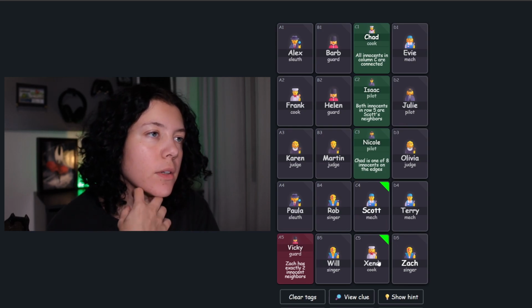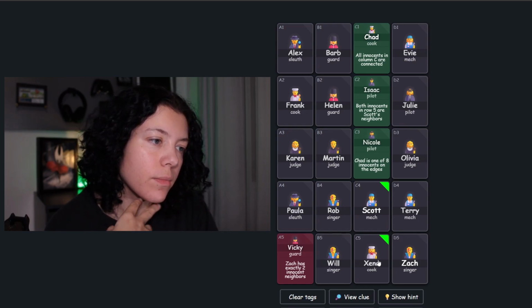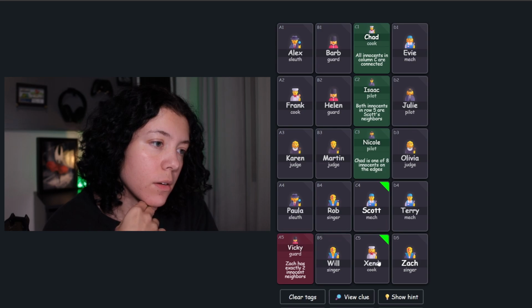Let's think about this. We have 2 innocents in row 5. Among Will, Zena, and Zach. Zach has 2 innocent neighbors. Among the 3 that they have. About the innocents on the edges, we have 1 only already.